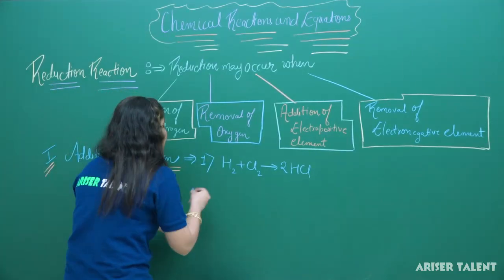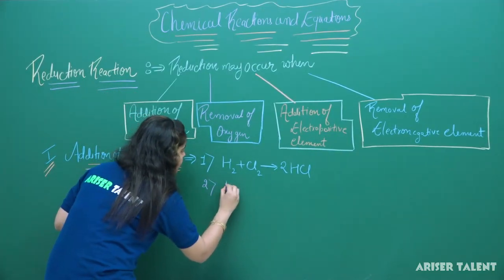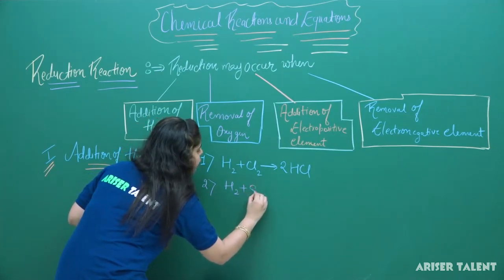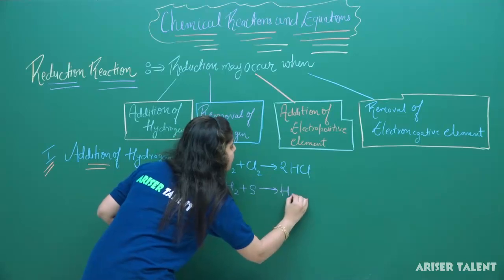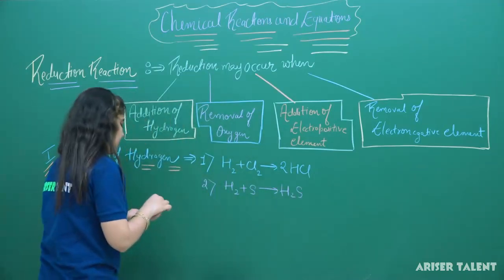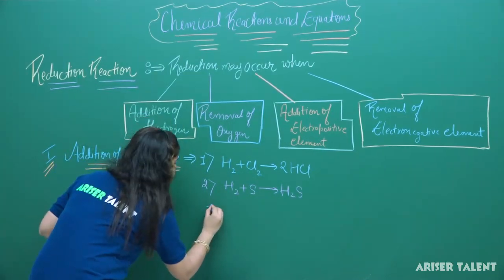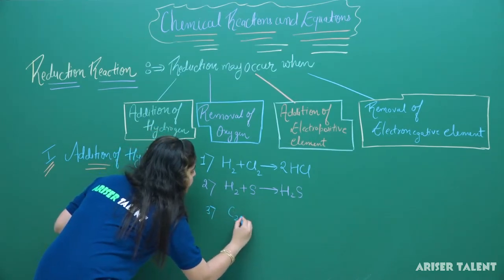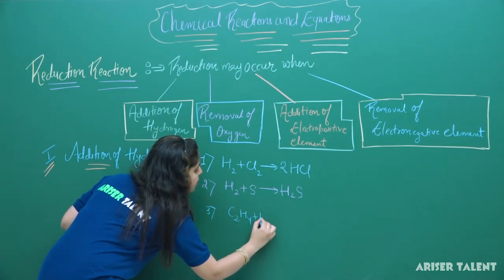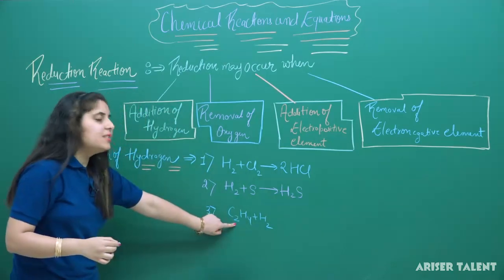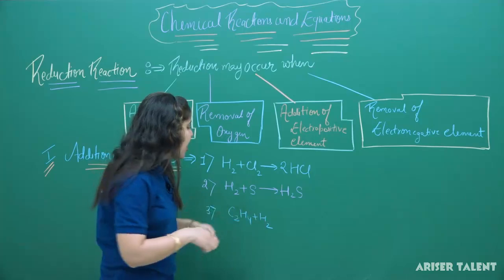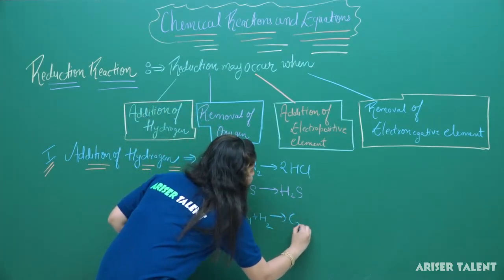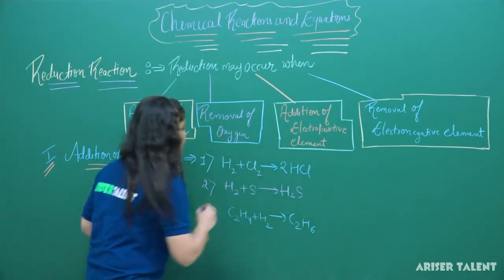Now we have our second example, H2 plus S. Hydrogen reacts with sulfur to give hydrogen sulfide. Our third example is C2H4 plus H2. This is C2H4, a compound of the alkene series in which hydrogen is added, and we will get C2H6.